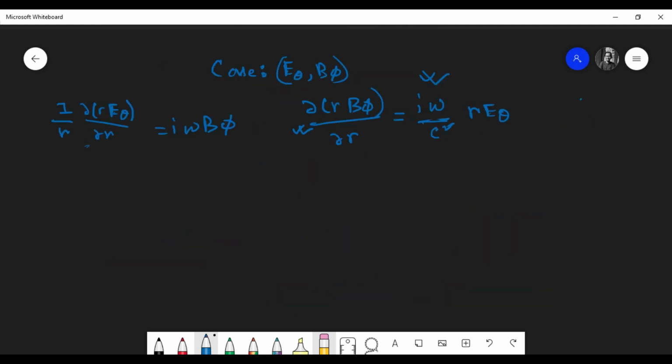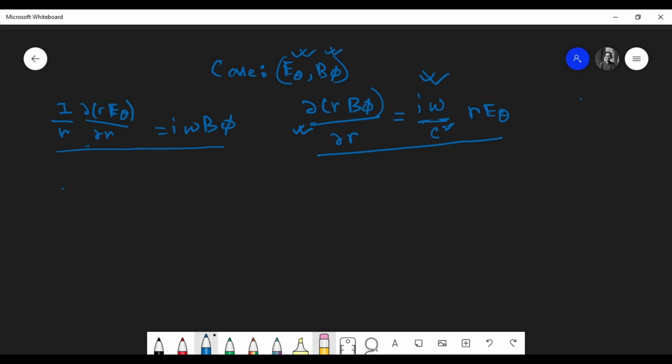If you go back to part A, where I have shown from Maxwell's Ampere's law and Faraday's law that these two equations are satisfied by E theta and B phi.